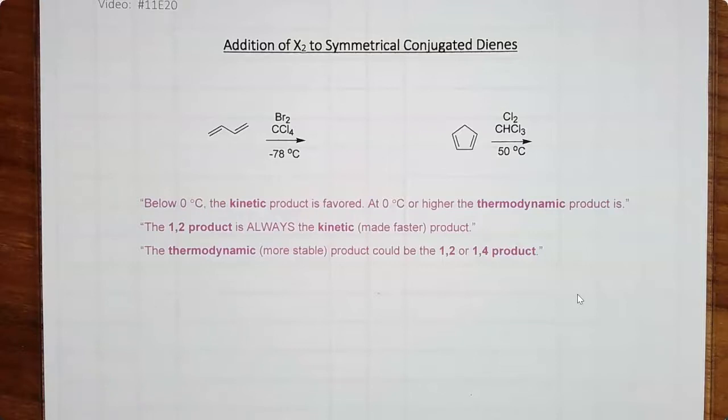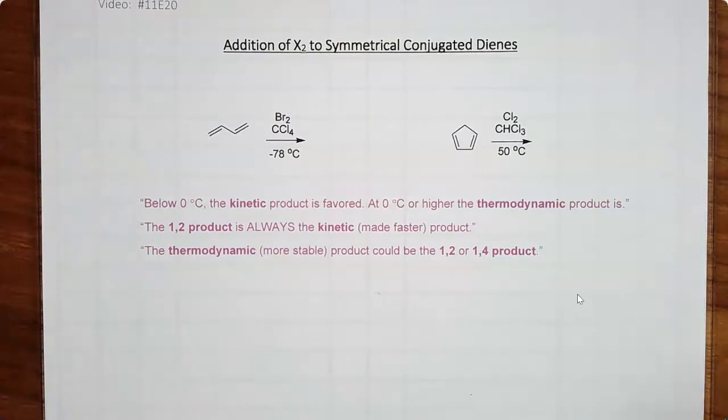Obviously, if the 1,2 and the 1,4 are identical, then it's both. You don't really have a 1,2 or 1,4 product; you have both pathways giving one product, and we saw that in a previous video where two of the potential products were identical.